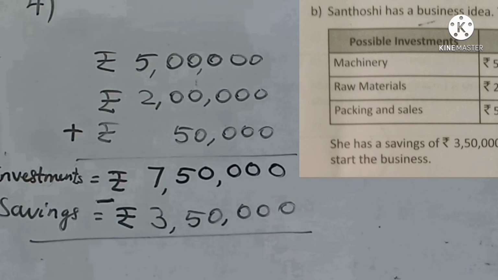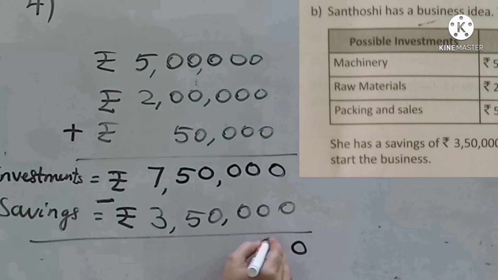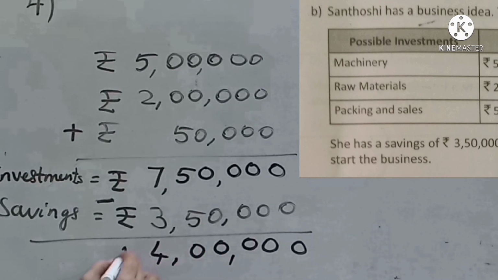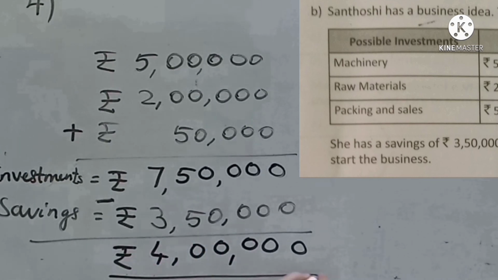Subtracting these two numbers, we get the balance amount she has to borrow from the bank. Santoshi will have to borrow rupees 4 lakh to start the business.